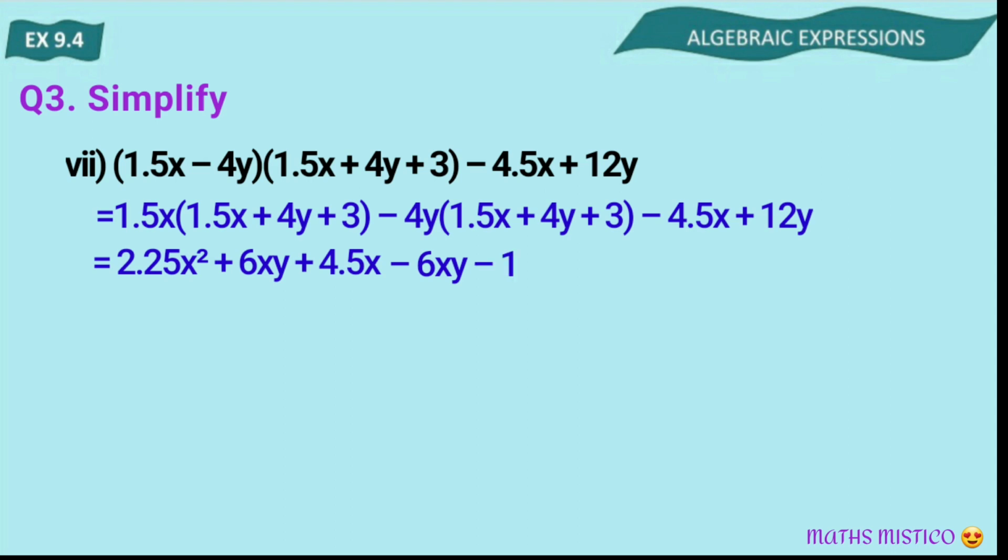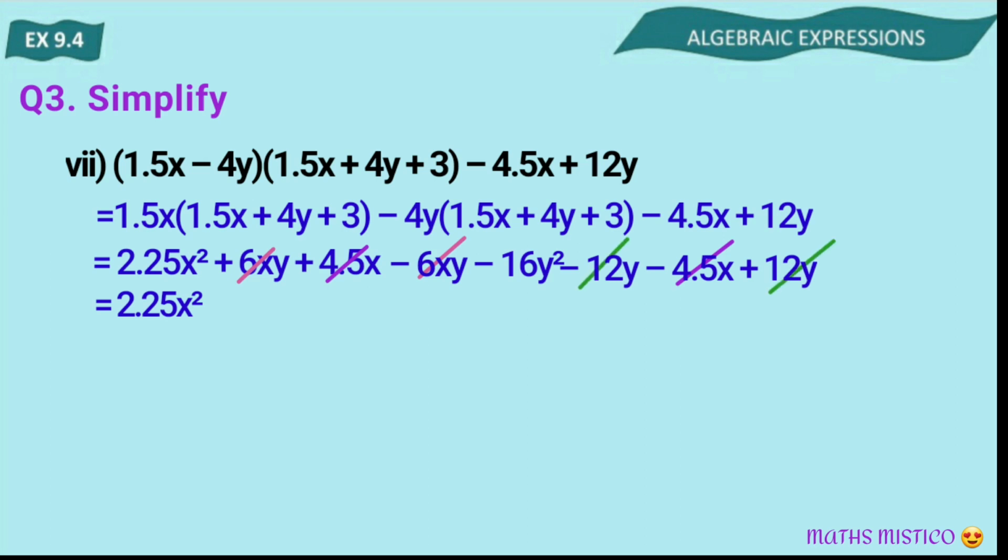Minus into plus minus 16y square, minus into plus minus 12y, minus 4.5x plus 12y. Only one term of x square, so copy it down. 2 terms of xy which cancel with each other. X terms cancel with each other and even the y terms cancel, and we are left with minus 16y square. Anything not clear, please write in the comment and I will answer you.